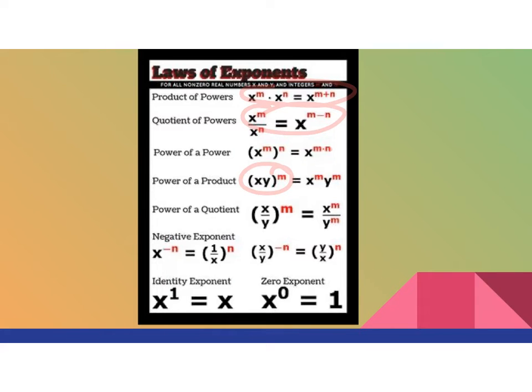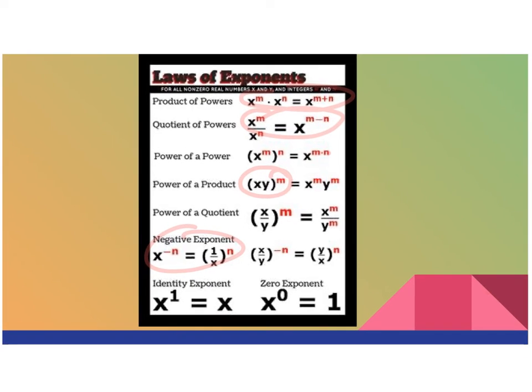And this one is when we're dividing, okay? We have negative, which we'll touch on today too, which we won't do too much of. An identity, which is when something is raised to the first power. It's just itself, because there's nothing to multiply it to. And then when we have 0, it's 1, okay?